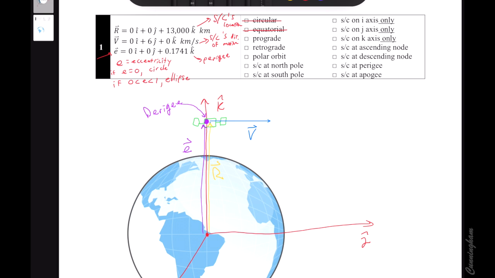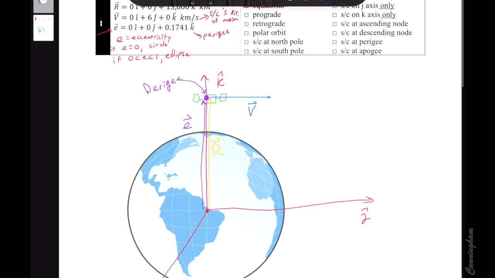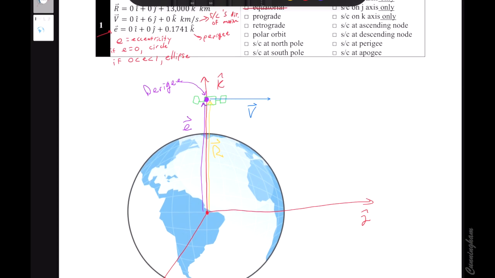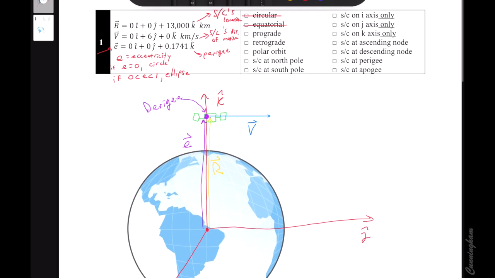Any variation except for 0, 0, and something in the k. What this indicates to us is that our spacecraft is right on the North Pole, because k hat goes up through the North Pole and down through the South Pole. Remember that negative k hat also counts as k hat. But our satellite happens to be literally touching k hat, flying above the North Pole.